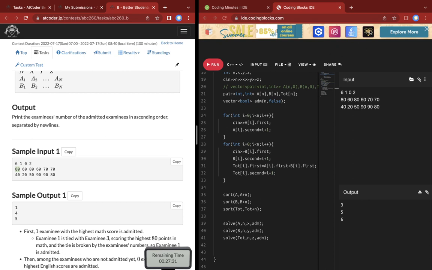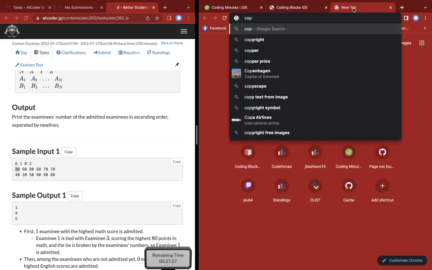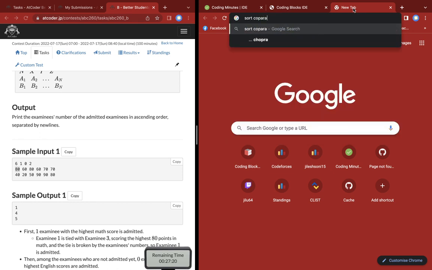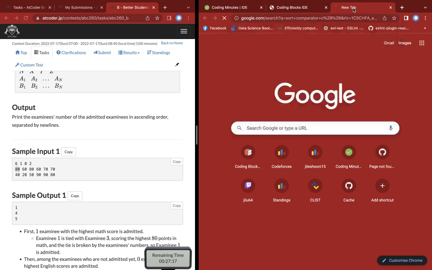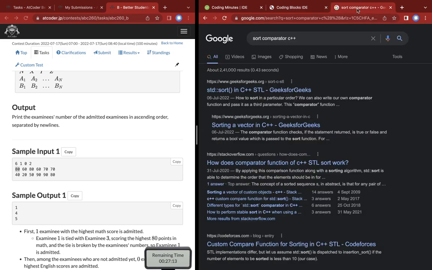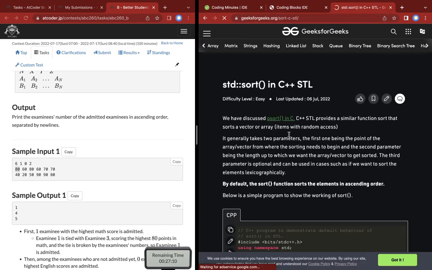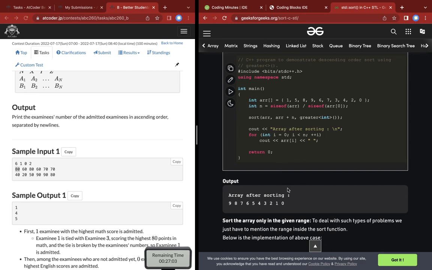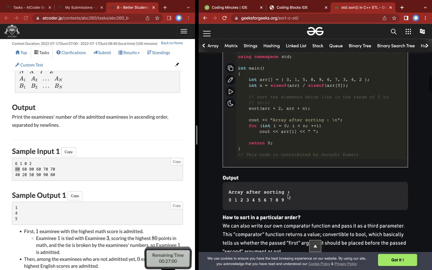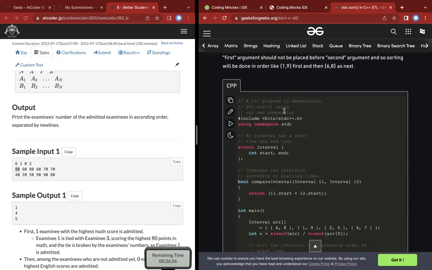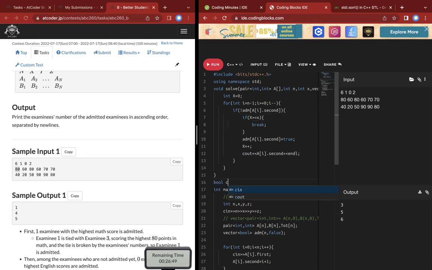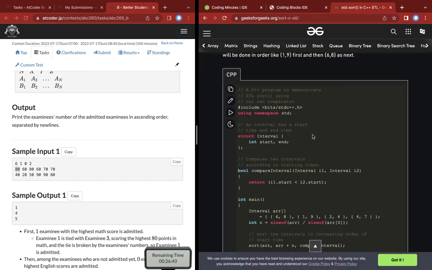Sort comparator. So we're going to compare two pair int, right?